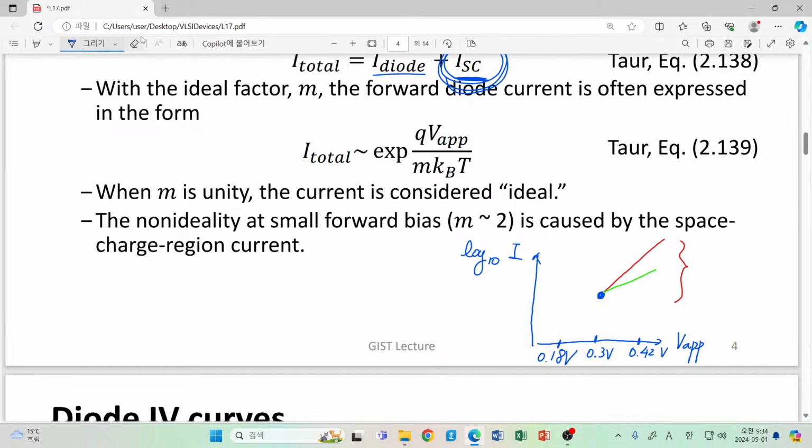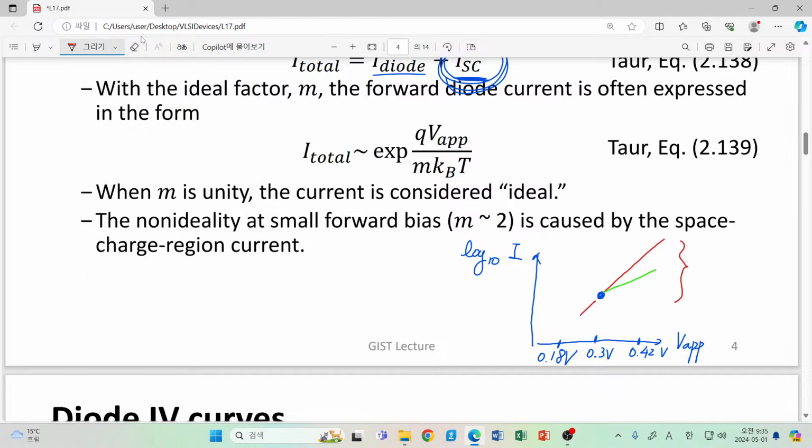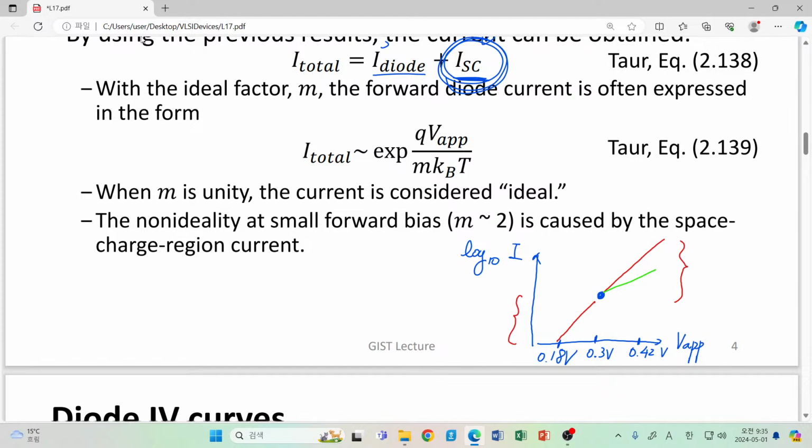The diode current once again will decrease quite quickly, so our diode current is now once again 100 times smaller than the value at 0.3. So this is what we wanted to do. We wanted to precisely control the current by the applied voltage.